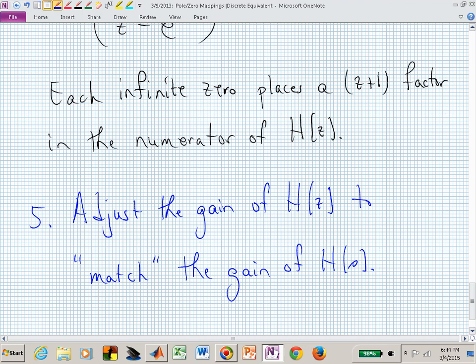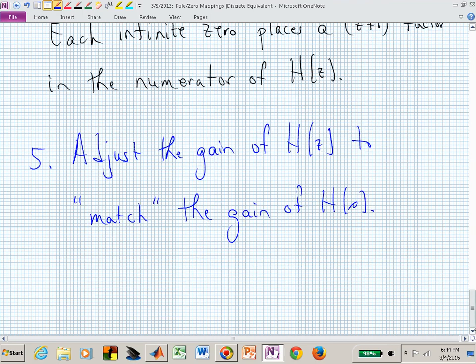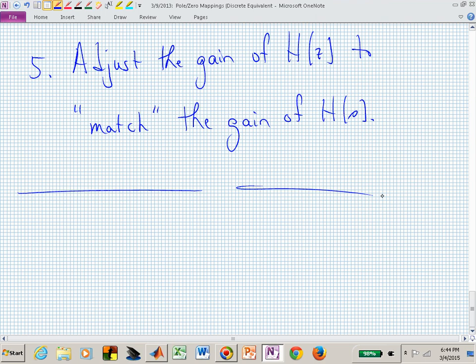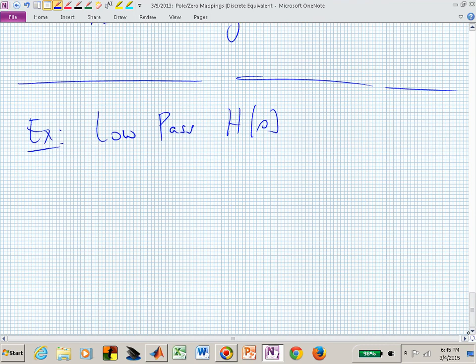But if you have a low-pass behavior, for example, in your transfer function for h of s, you know that its magnitude looks something like that, if it's low pass. Let's say that's the magnitude of h of j omega.